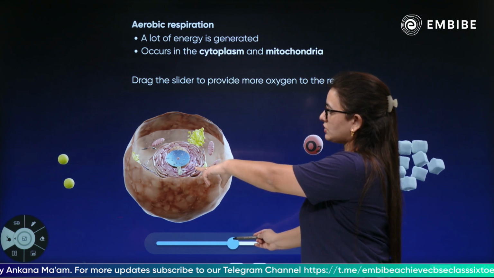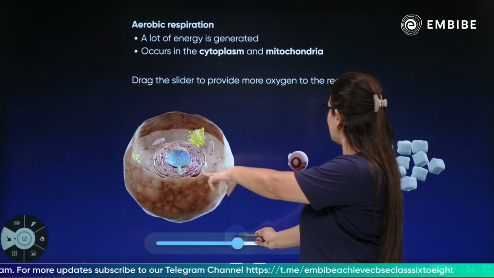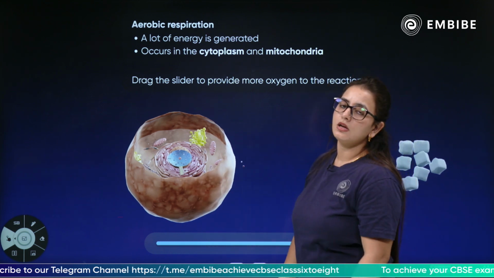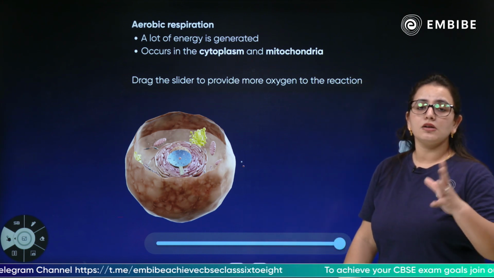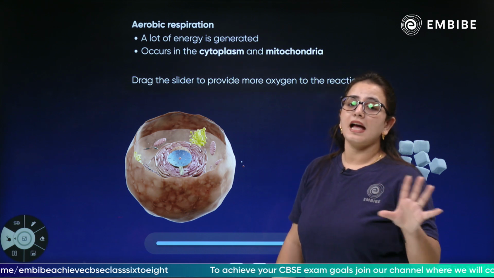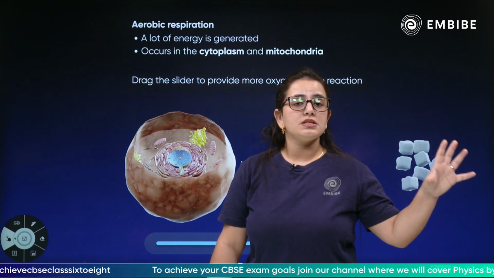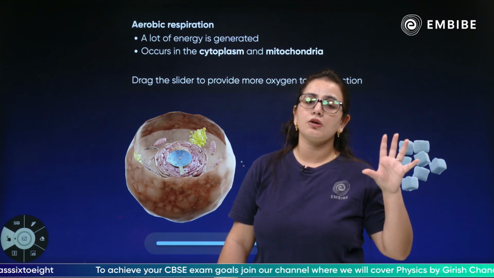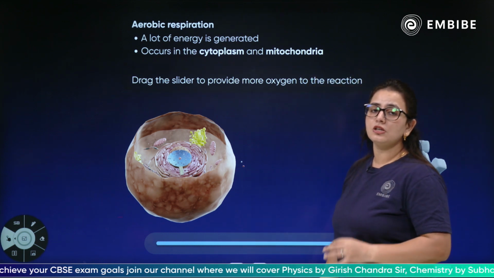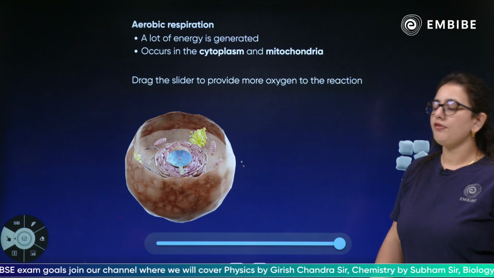Oxygen is combining and energy is being released. So this is what aerobic respiration is all about. The glucose molecules combine with the oxygen, going inside the cell, and the cytoplasm starts the respiration and the mitochondria completes the respiration process, evolving a lot of energy.